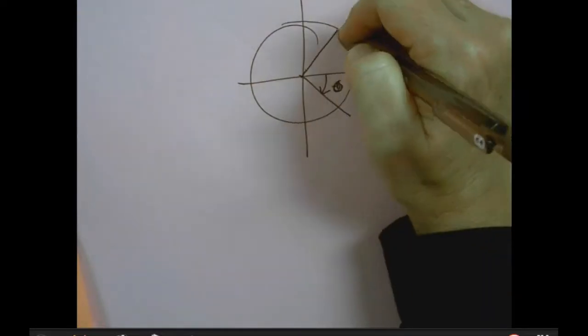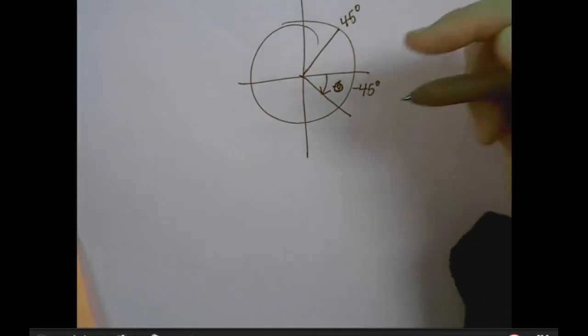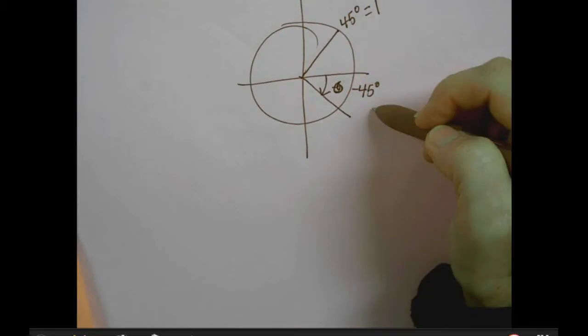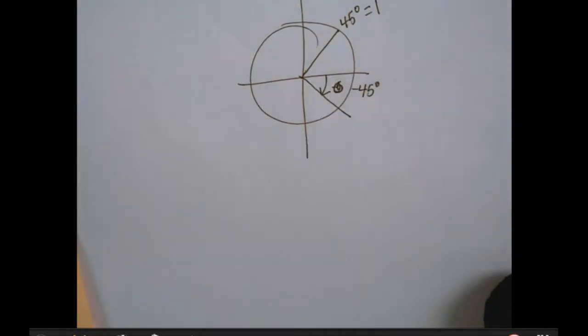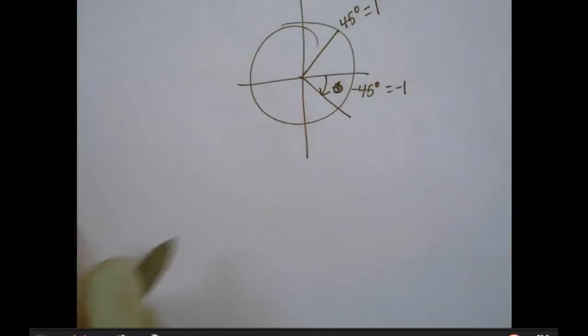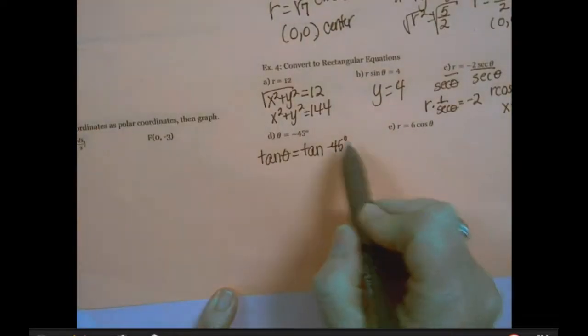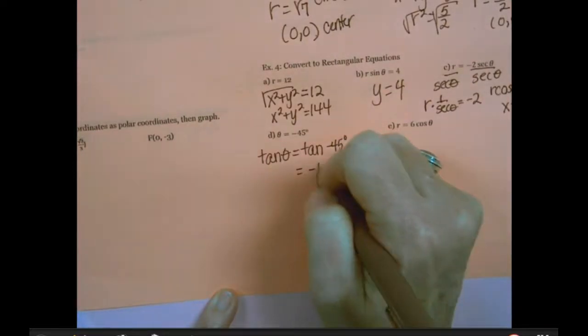So up here, 45, the tangent of 45 would be the sine over the cosine, which is the square root of 2 over 2. Both of them are the same. And so this is 1, right? But what is the tangent in the fourth quadrant? I have a positive x and a negative y. So it's -1. So I know this value, right? The tangent of -45 is -1.